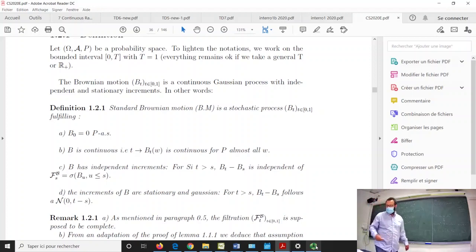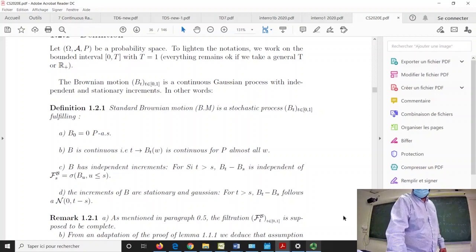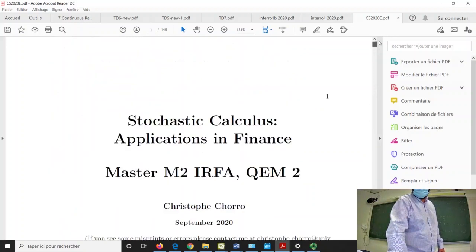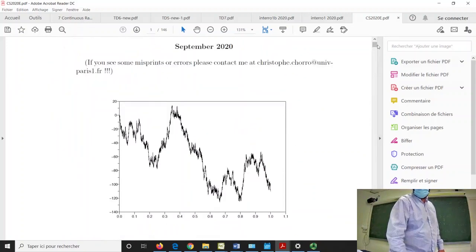So maybe before we have a look at a definition that is equivalent to this one in terms of Gaussian process, which we have already seen together, just a remark. You see that in the lecture notes, but here I have plotted a trajectory of the Brownian motion between 0 and 1.